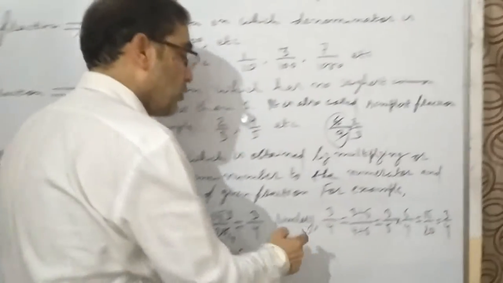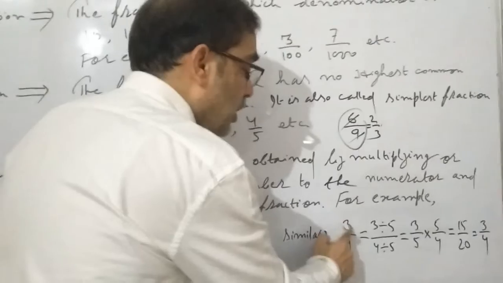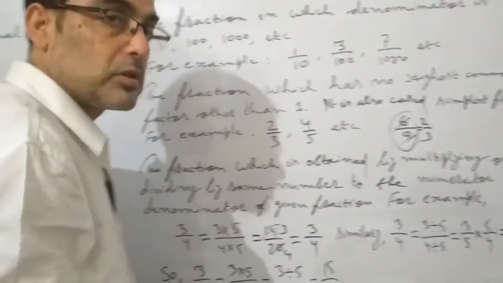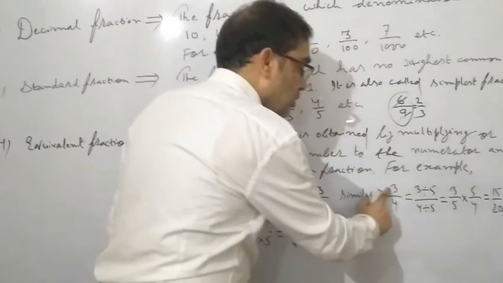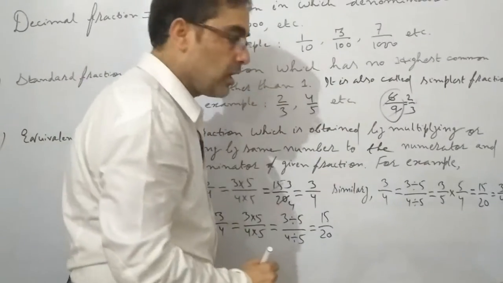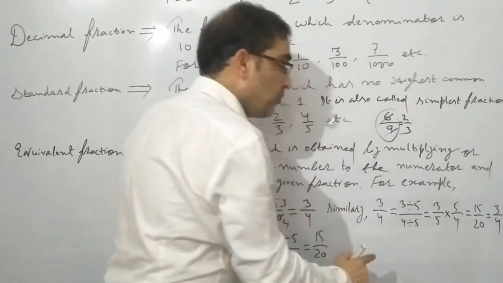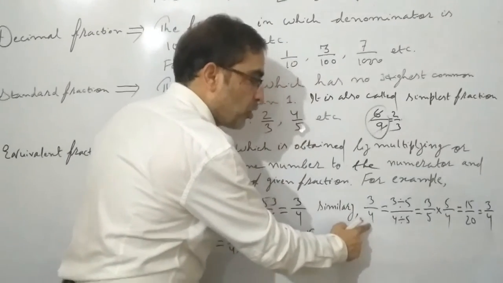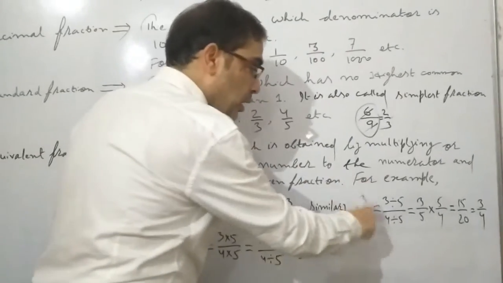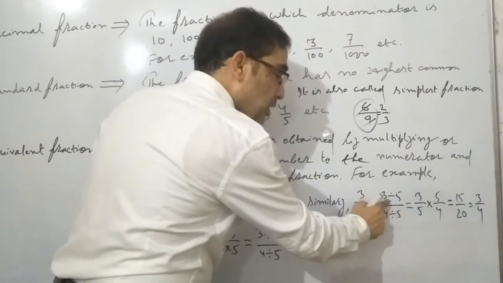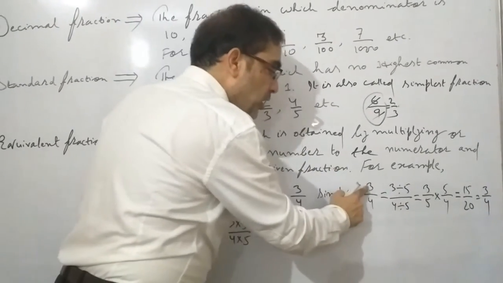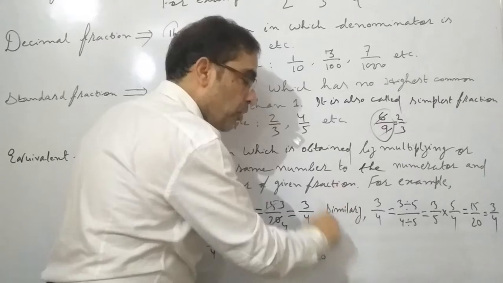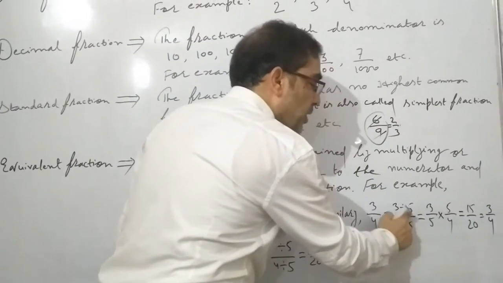And now, 3 by 4 is a fraction, 3 is the numerator and 4 is the denominator, and here I am dividing the numerator and denominator both by the same number 5.